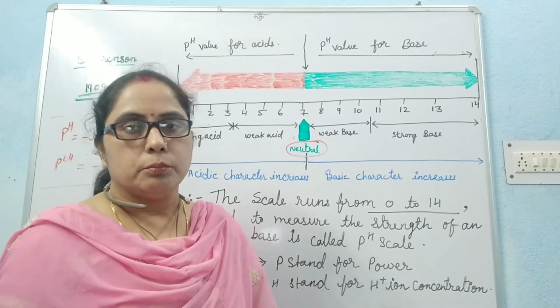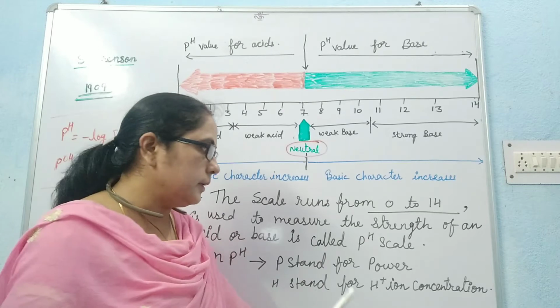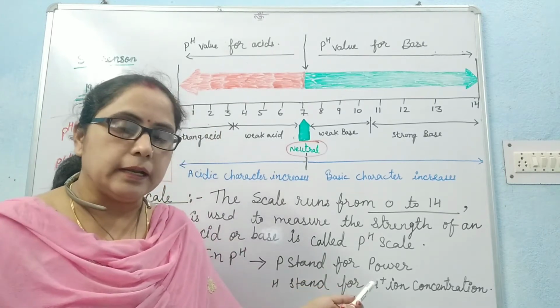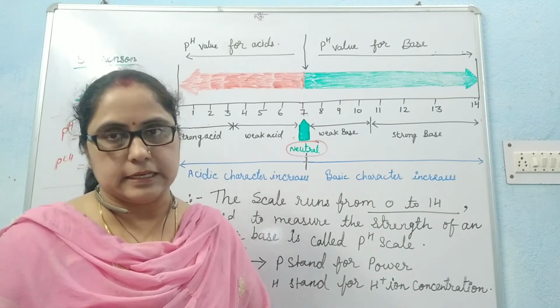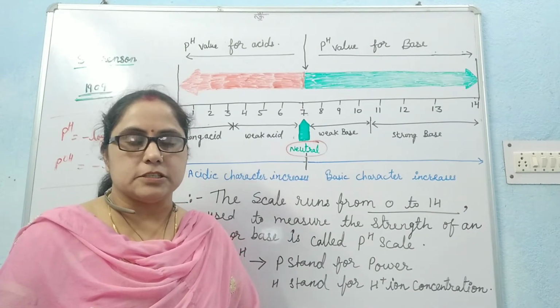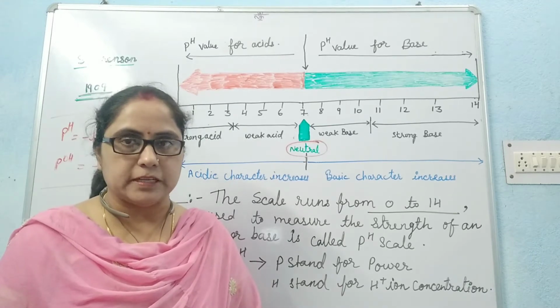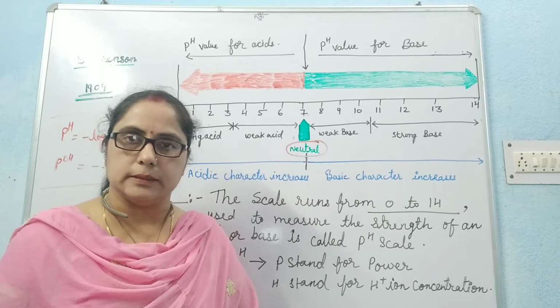pH means, P stands for the word power and H denotes H plus ion concentration. As we know, the acid and bases both contain H plus ions in the aqueous solution or in the water.